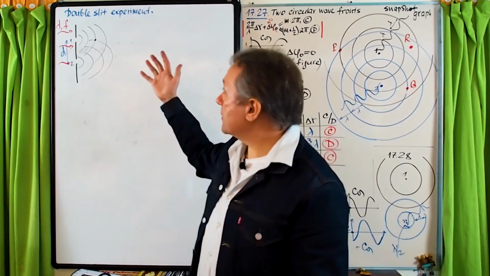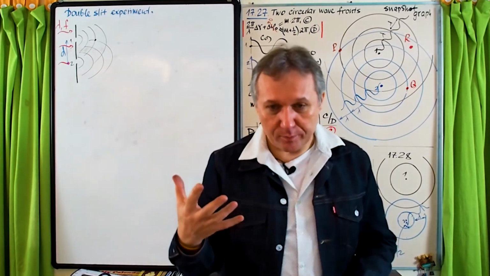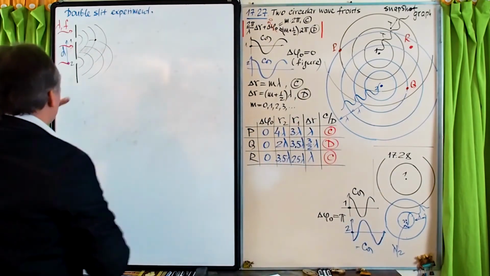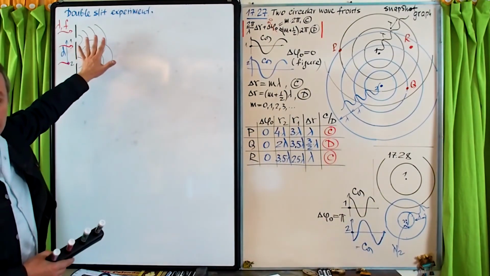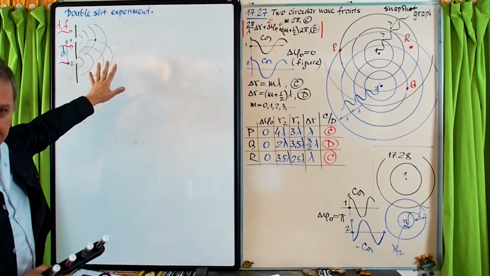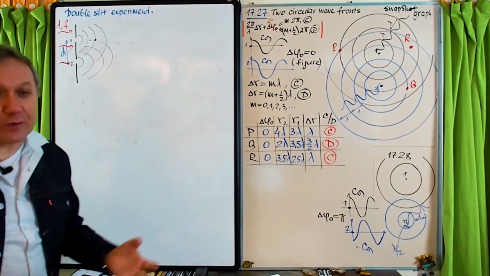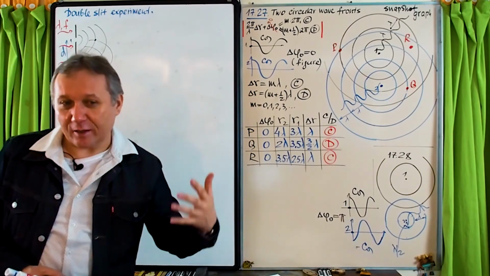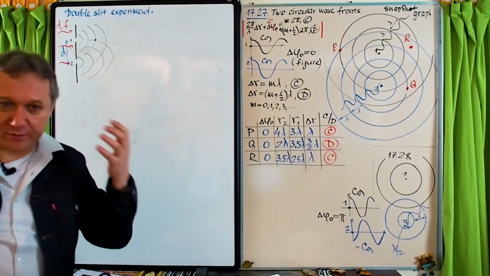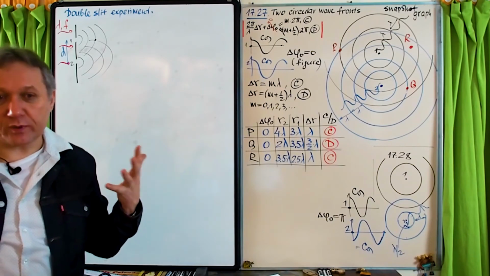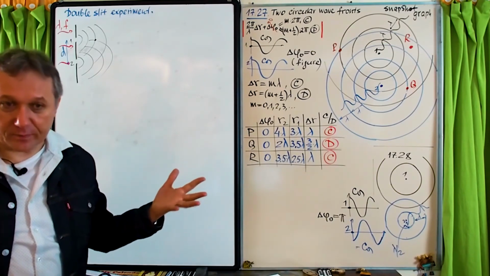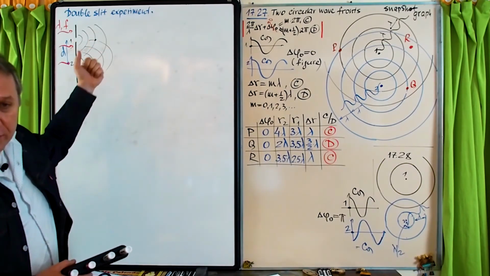And it must be more practical, because the problem is you don't see these bright and dark spots visually. You have to somehow run there with the detector in order to detect whether you are going to have constructive or destructive interference. So from the practical point of view, it's not very convenient because this pattern is not visible.